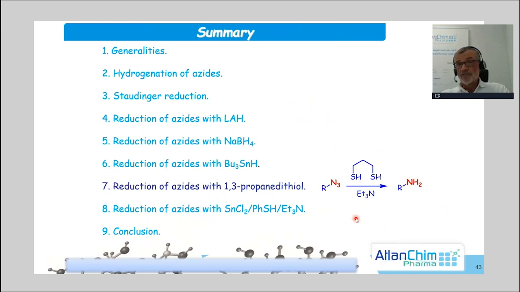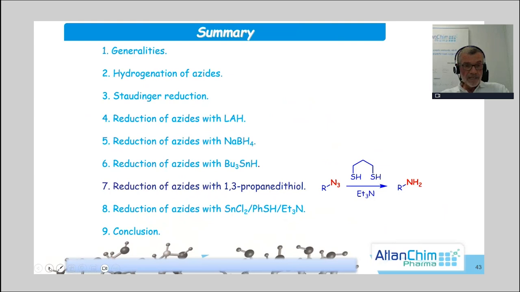As pointed out by different authors, 1,3-propanedithiol in the presence of triethylamine is a chemoselective reagent to reduce azides.